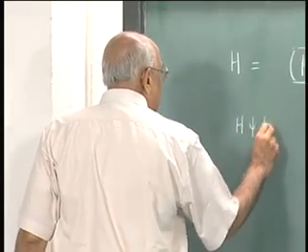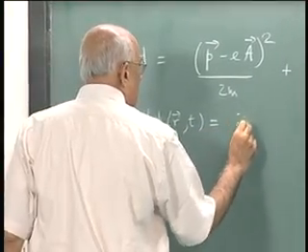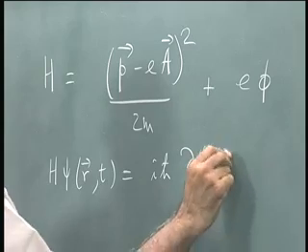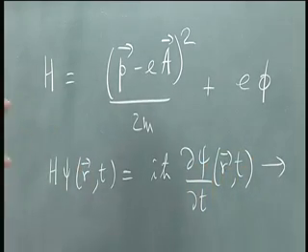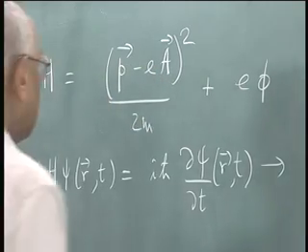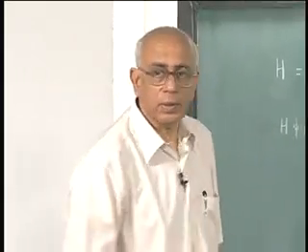becomes in this case, when you have a scalar and vector potential present, remember that p is essentially represented by minus i h cross the gradient.